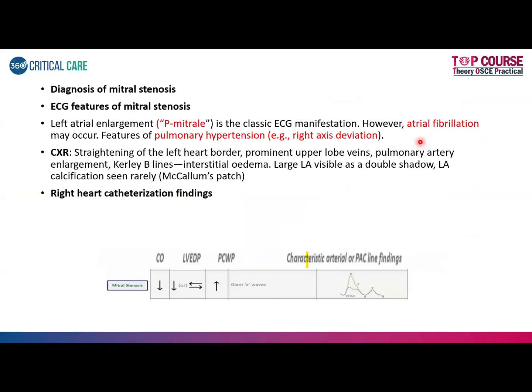Diagnosis: the ECG features comprise P mitrale, which is the left atrial enlargement, the classic ECG manifestation. Apart from that, they can also present with features of atrial fibrillation and sometimes pulmonary hypertension.